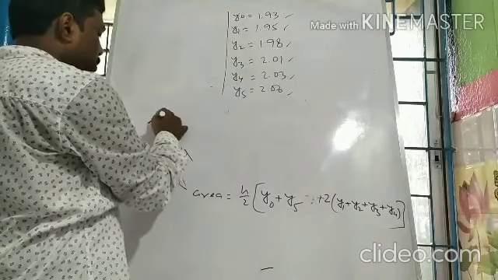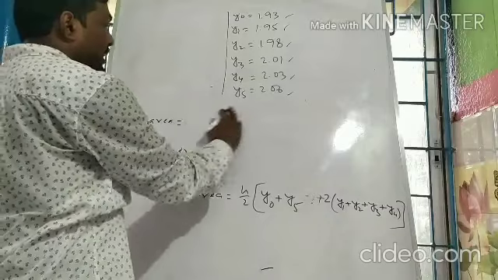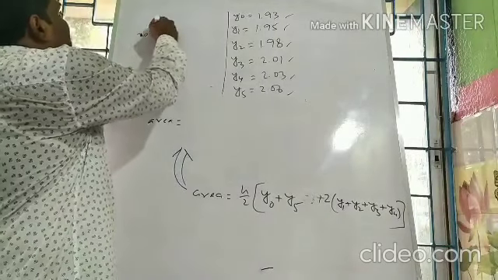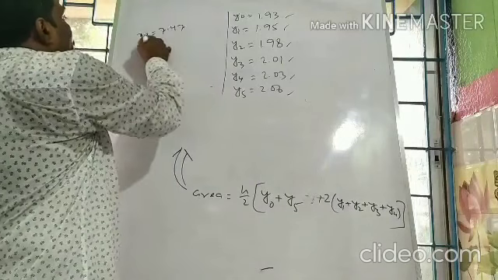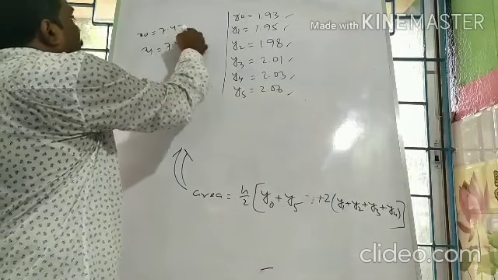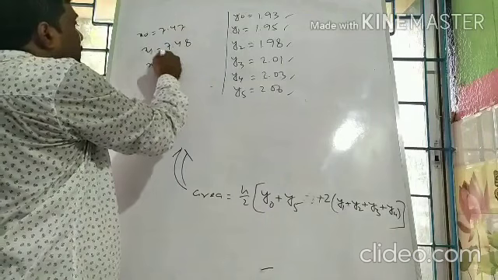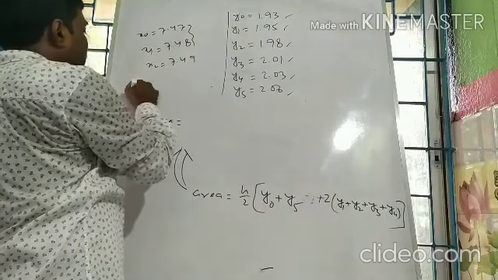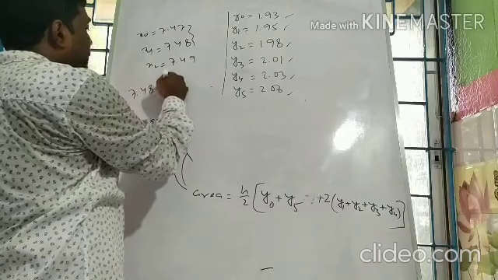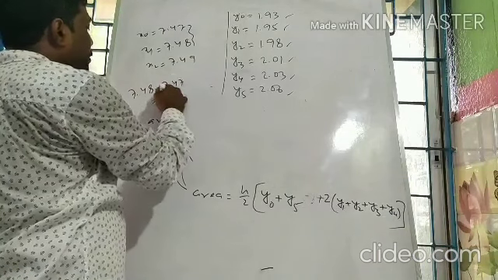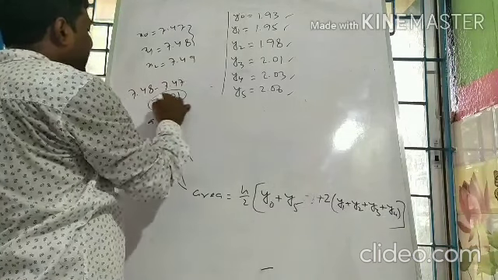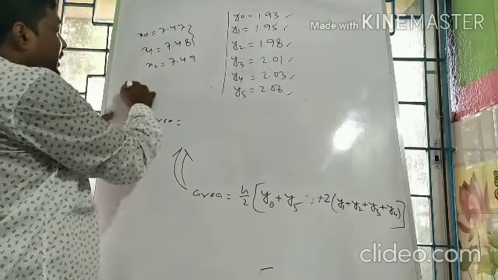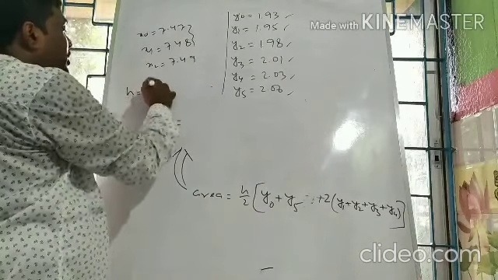So the area equals, what is h? The nodes are x0 is 7.47, x1 is 7.48, x2 is 7.49. All the nodes are equispaced, so the distance is 7.48 minus 7.47, which is 0.01. So h equals 0.01, the distance between any two consecutive nodes.